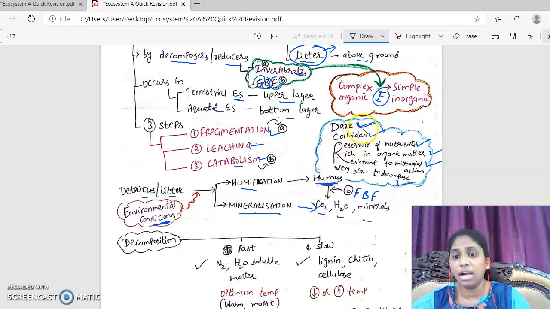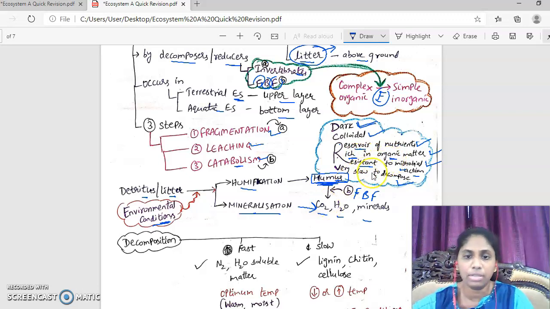Humus is dark colloidal matter, which has three R's. It's a reservoir of nutrients, it is rich in organic matter, and it resists microbial action. So once humus is formed, it is very time consuming to decompose it because it is resistant to microbial action. It can work as a very good resource of organic matter.